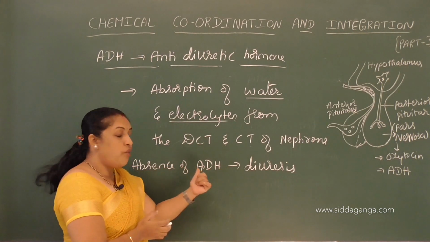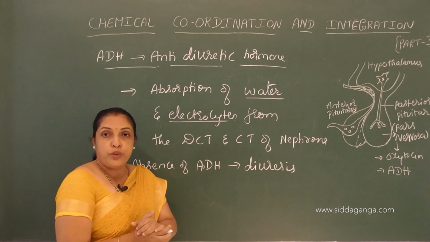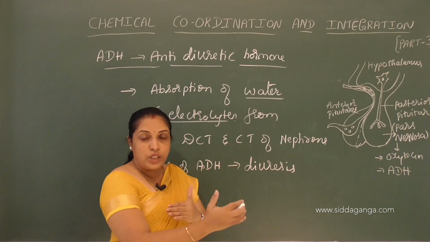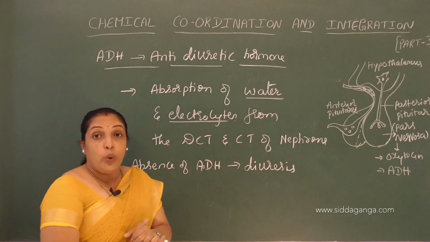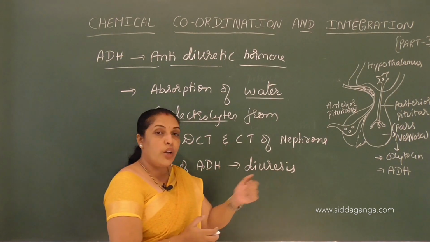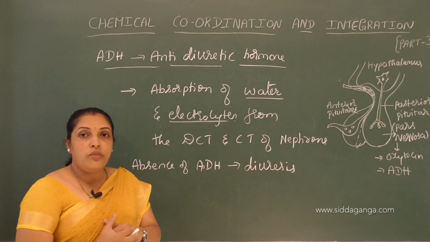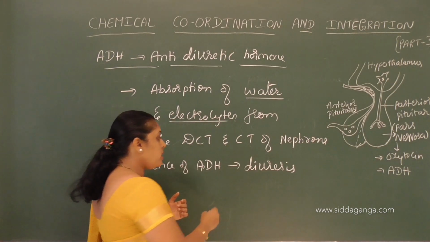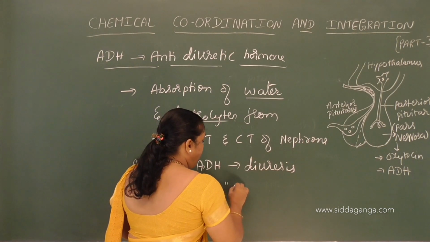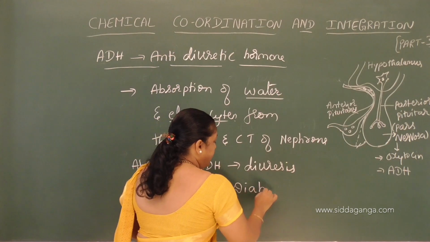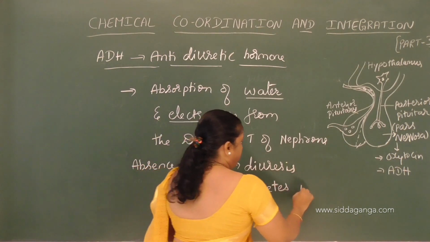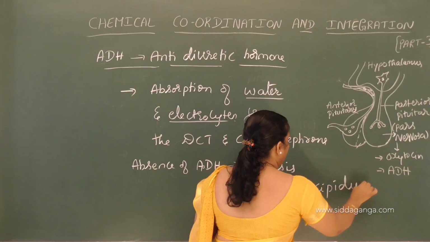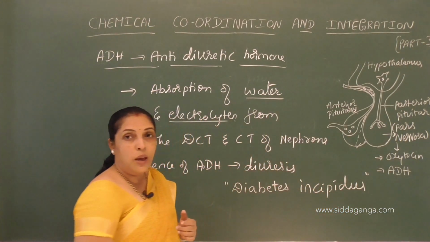In the absence of ADH, there is no absorption of water from the DCT and CT, which leads to polyuria. That condition is called diuresis, and the person will feel thirsty and dehydration occurs. That condition is called diabetes insipidus.